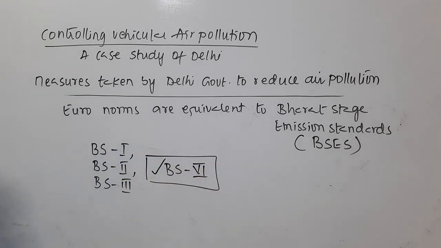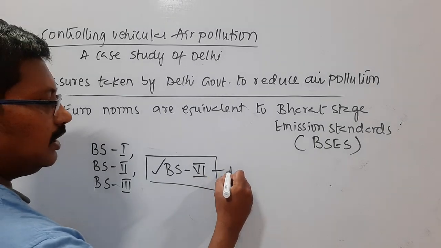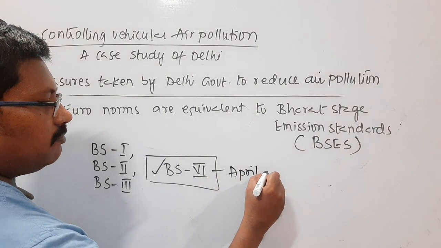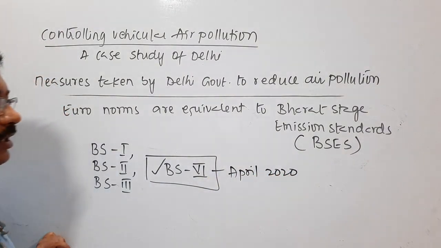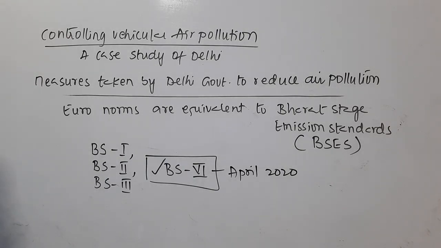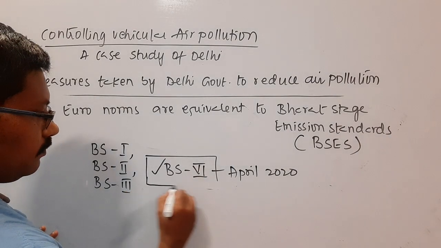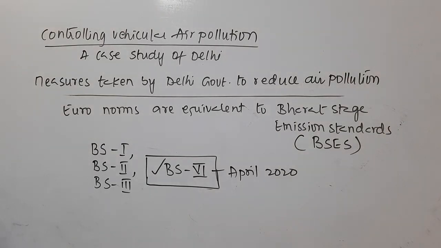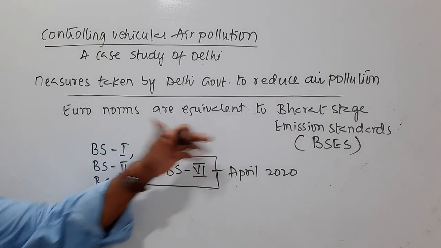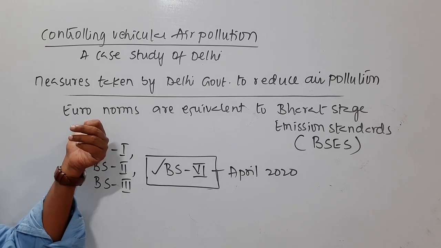You might have already come across the news saying that all vehicles should follow BS 6 from April 2020. So this came into effect from April 2020. These emission standards are equivalent to these Euro norms.